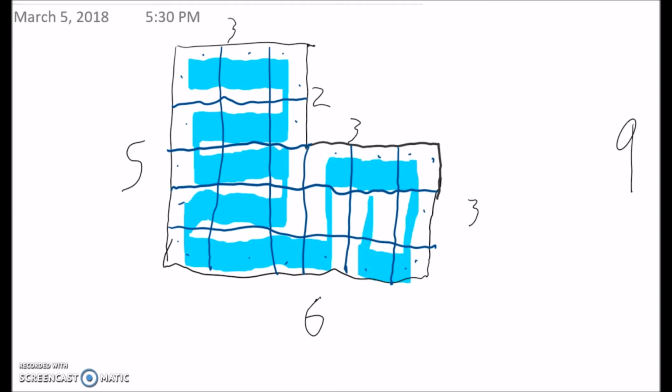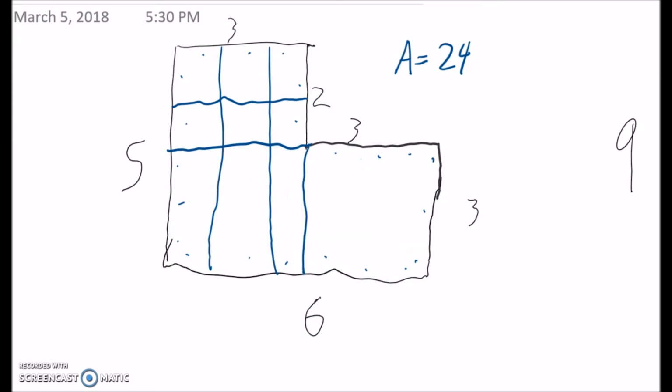Okay, so according to our blue area, let's see if that'll work. No, that won't work. Okay, just hold on. According to just counting, our area is 24. Okay, so you can do that however you want, but that's just the grid method.